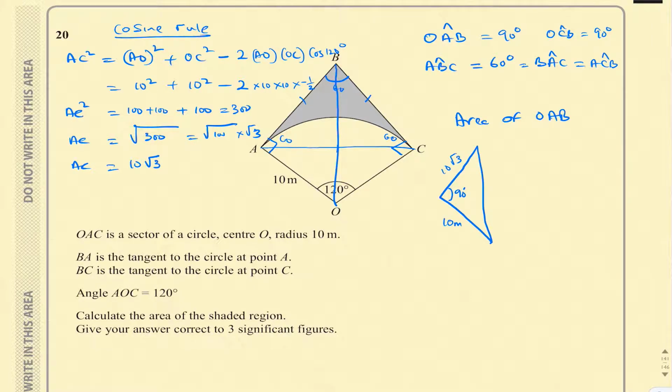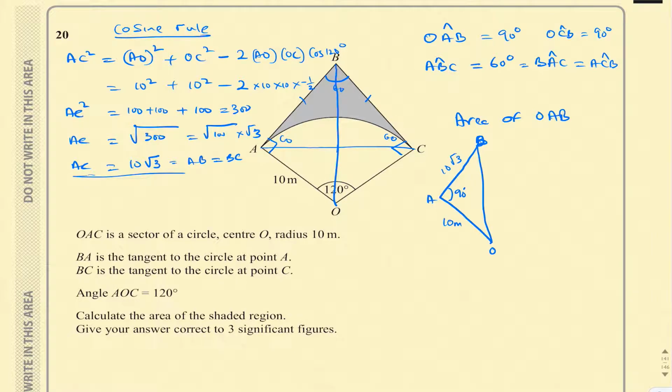If I call that B, and this is A, and that's O. Now, we know that AC is equal to AB and BC. So that's why AB is 10 root 3, which is equal to BC, because it's an equilateral triangle.